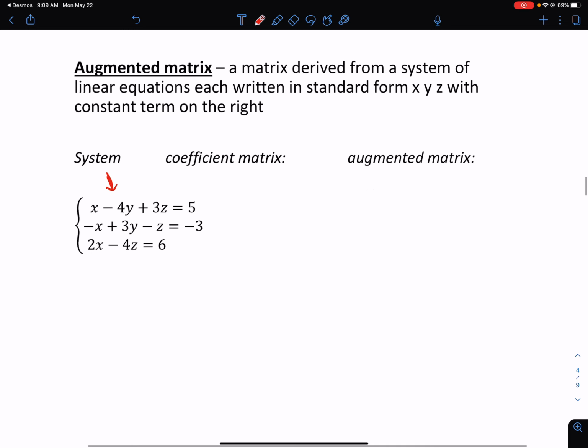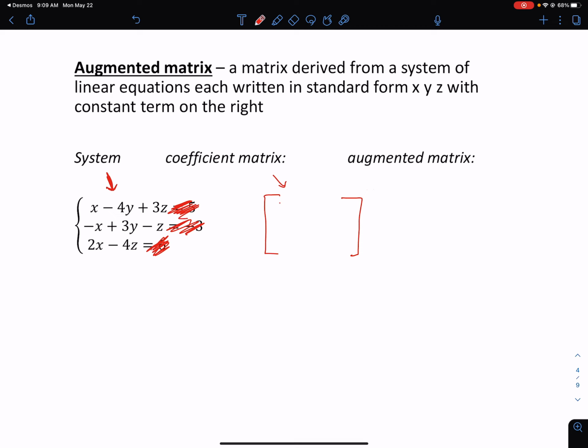So the augmented matrix is a matrix that represents this system. The first thing is, let's make the coefficient matrix. That's not with the answers, just the x, the y, and the z. And they have to be in order, right?